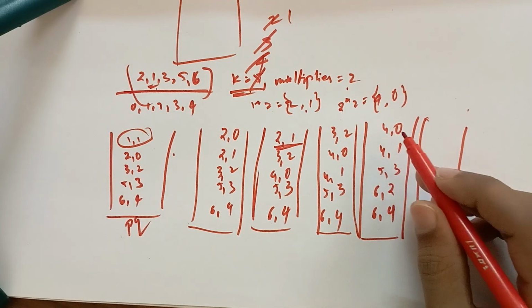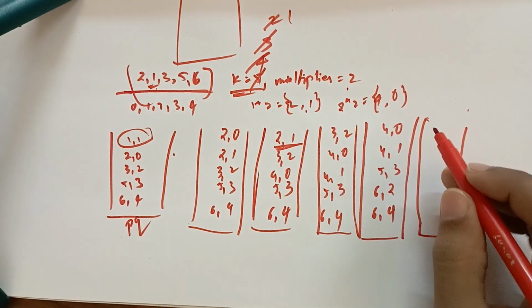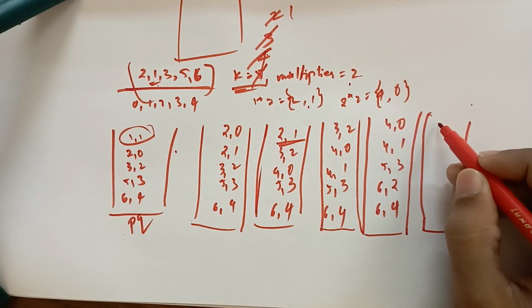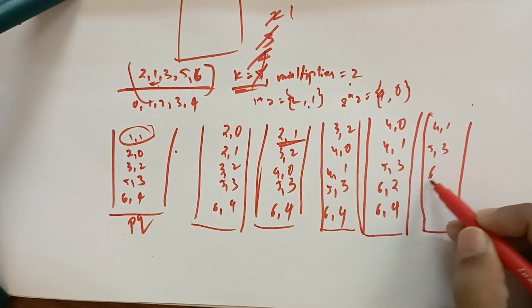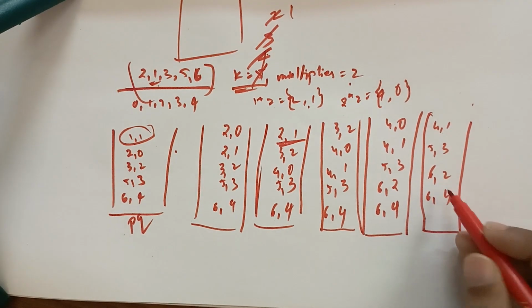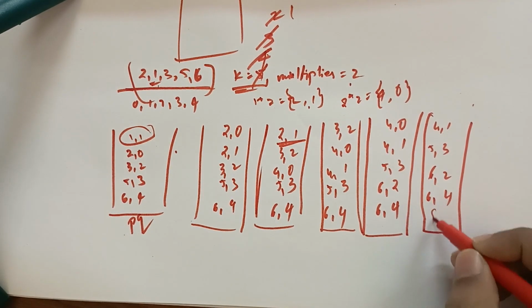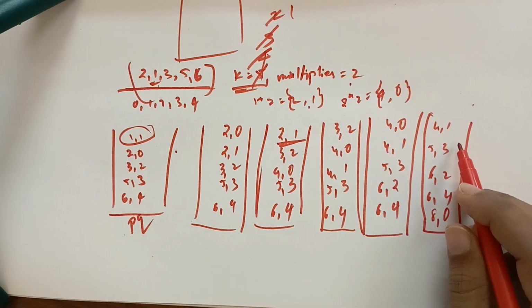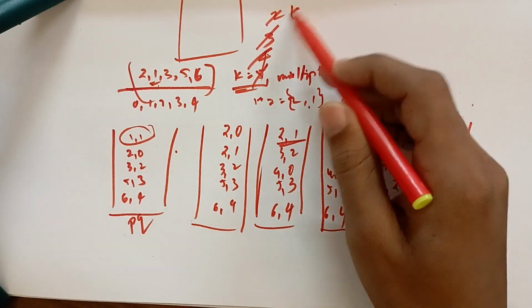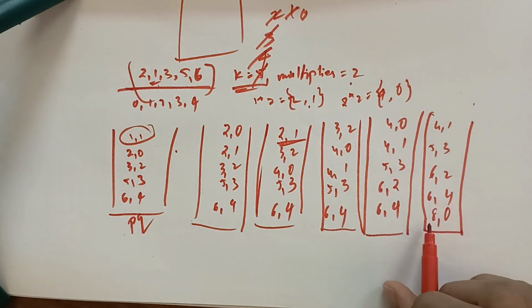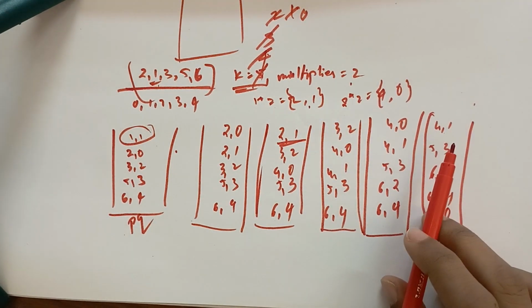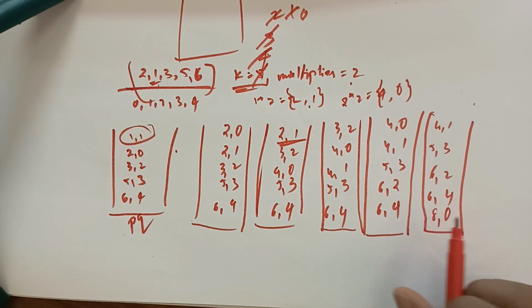Take out this 4. 4 into 2 will give us 8. So it is greater than 4, greater than 5, greater than 6, greater than 6, and 8 comma 4. So we have come to 0. We have done 5 operations: 8, 4, 5, 6, 6.